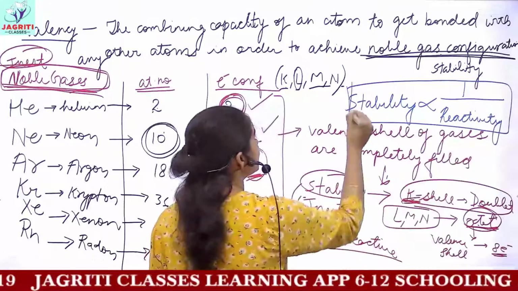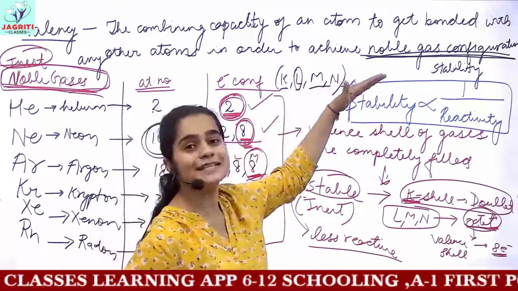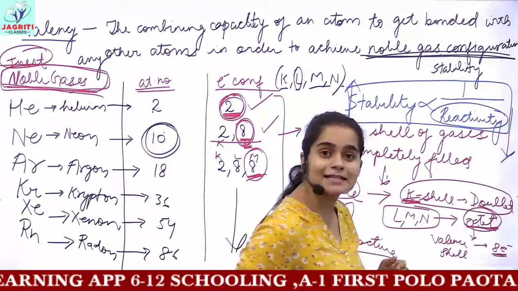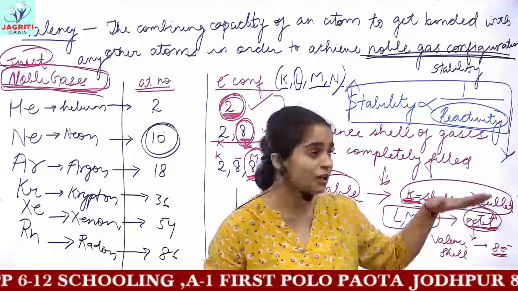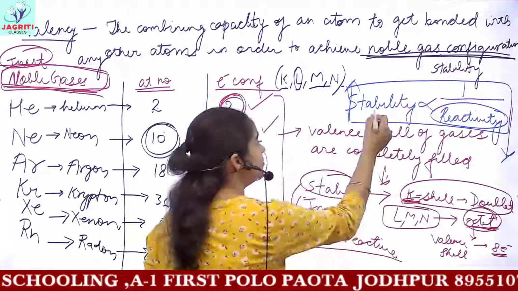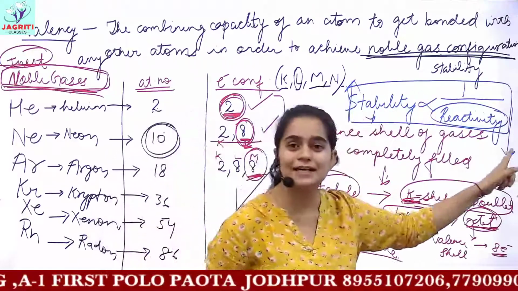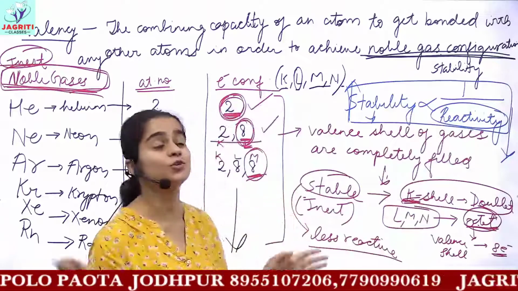That is, if a certain atom is highly stable, then its reactivity would be very less. And if something is highly reactive, then stability would be low. So this is what we call an inverse relation, and stability and reactivity are related inversely to each other.